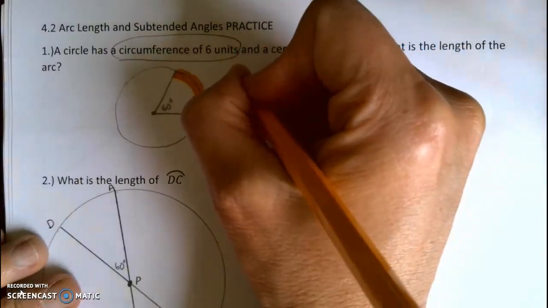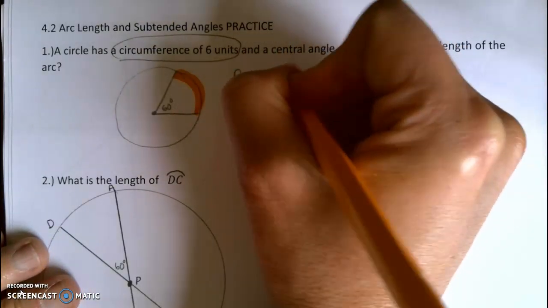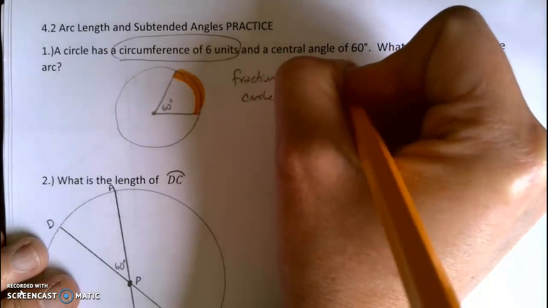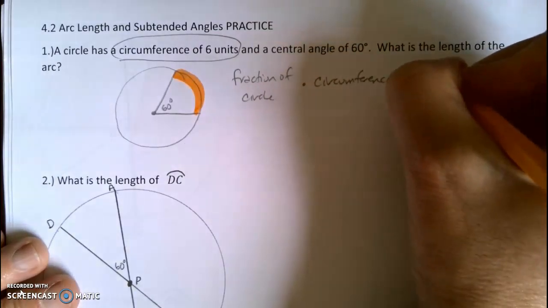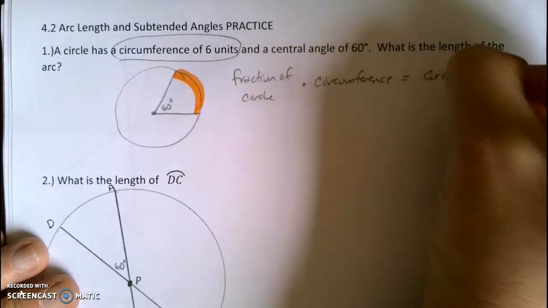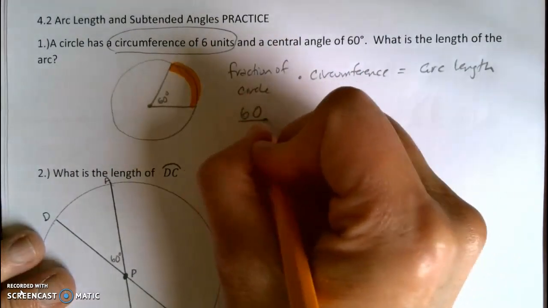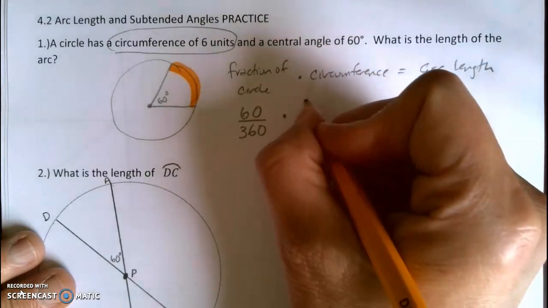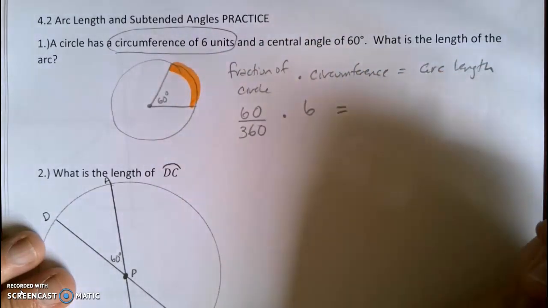Again, every time, fraction of the circle times the circumference equals the arc length. I know my fraction this time. It's 60 out of 360 times my circumference is 6 units equals, that's going to give me the length of my arc.